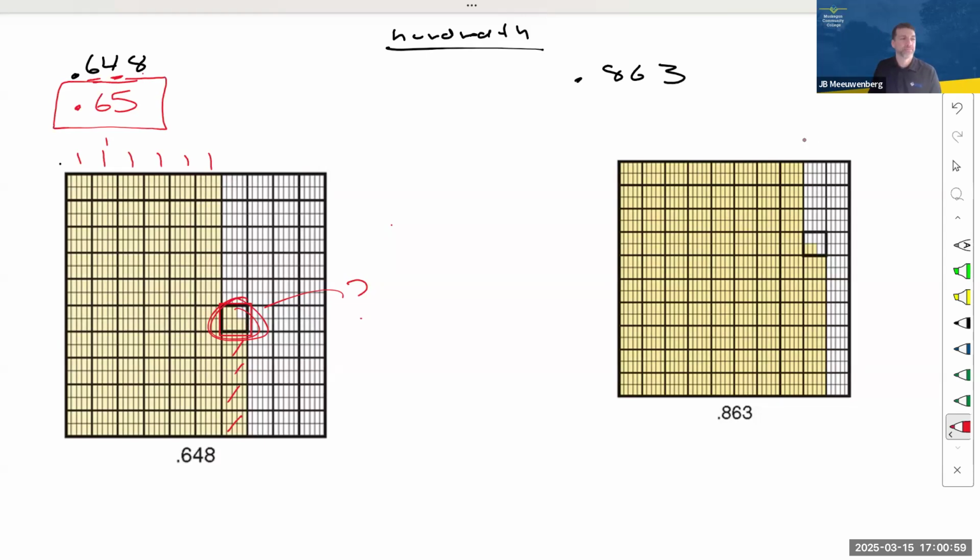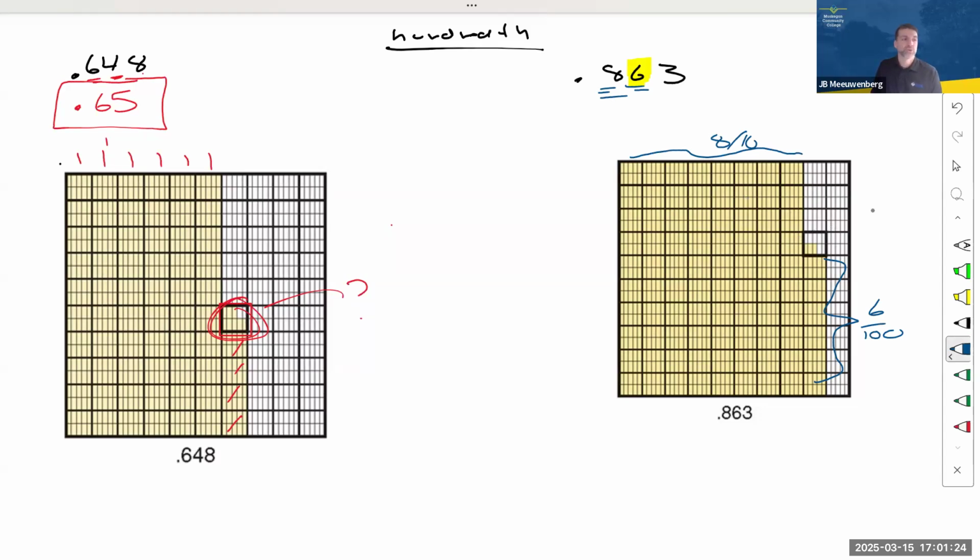What about this one? 0.863. Again, we're rounding to the nearest hundredth, which is this place right there. So when we look at our diagram, again, these first 8 tenths are all taken care of here. So are these 6 hundredths. We know that those are included.